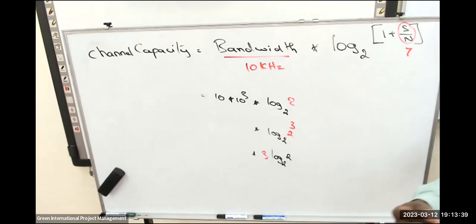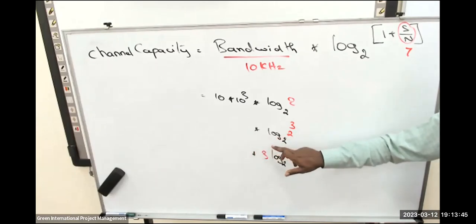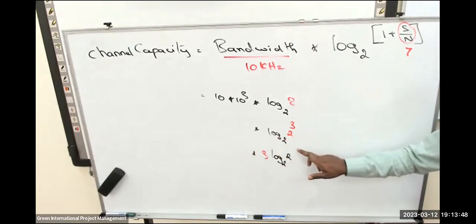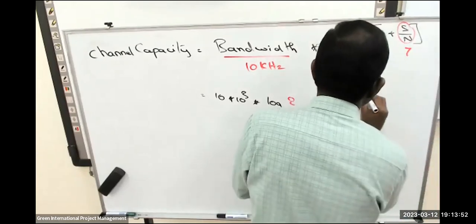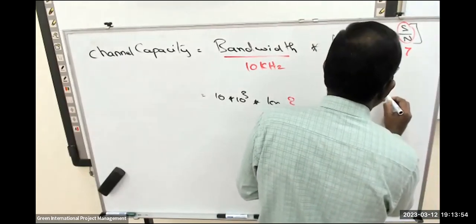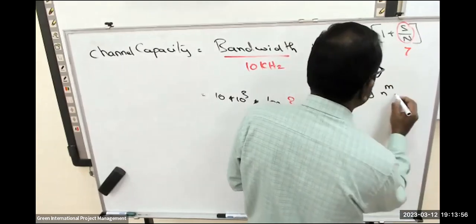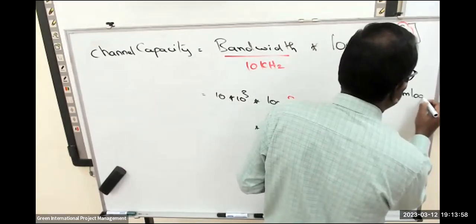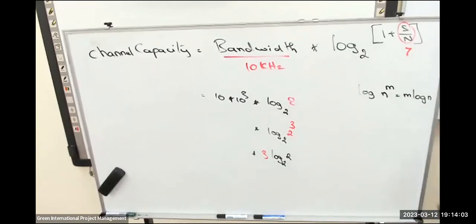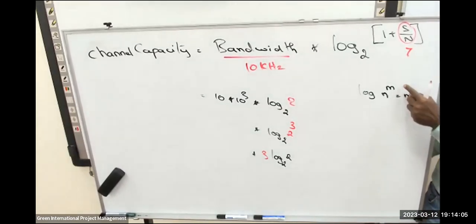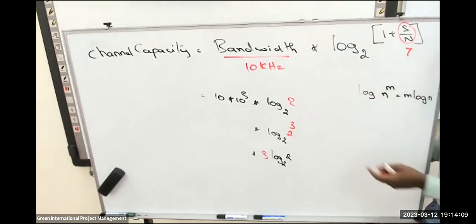A little more steps, and you need to understand the concept. In this problem we have log base 2. That information only we need to remember. So log n power m is equal to m into log n. By using this formula, we are using it here.